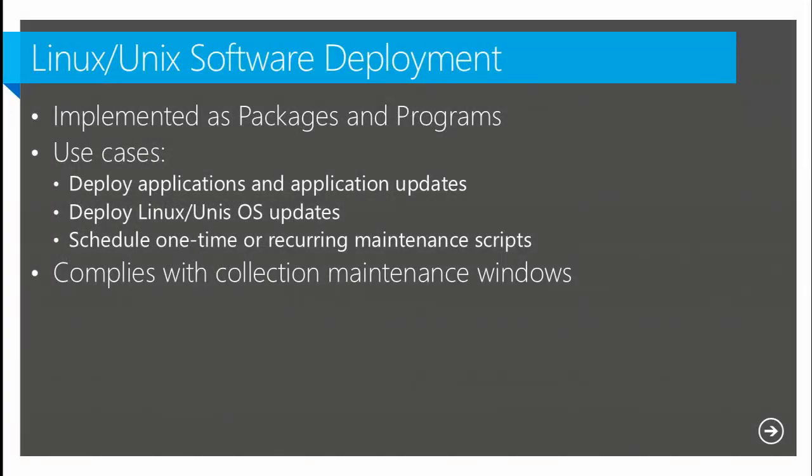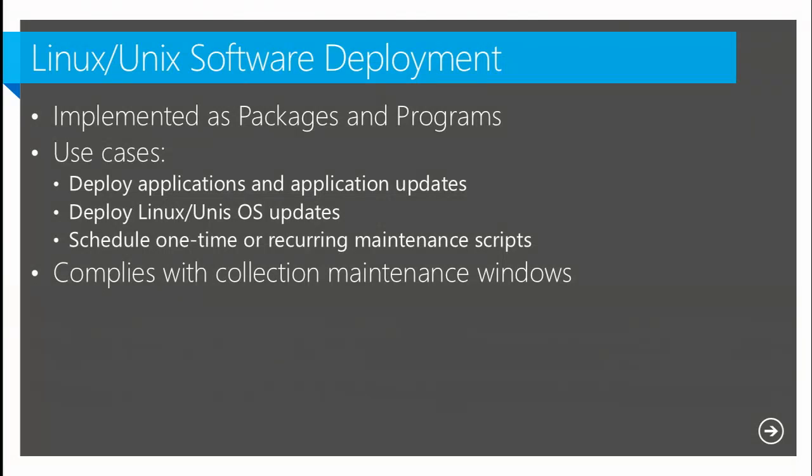Software distribution, as I said, we implemented this on top of packages and programs using the classic software distribution available from Config Manager. And we largely did that because it's the most flexible one, but also for server class machines and focusing on server scenarios, there are a lot of capabilities that you want to use packages and programs essentially to automate maintenance script execution and doing these kind of routine processes that run on a regular basis.